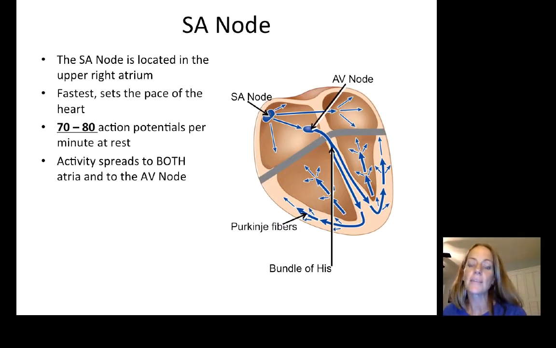It's going to set the pace of the heart, and its baseline action potentials are 70 to 80 action potentials per minute at rest. Its activity will spread across to both atria and then to the next region of the intrinsic conduction system, the AV node. So upper right atrium, 70 to 80 beats per minute.